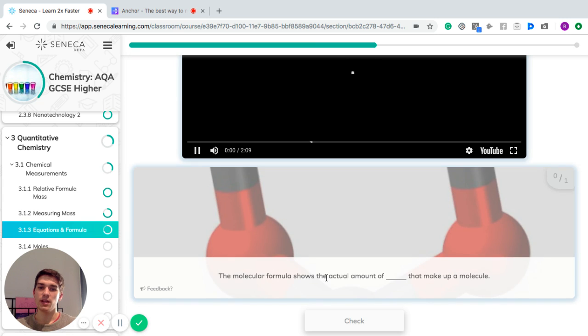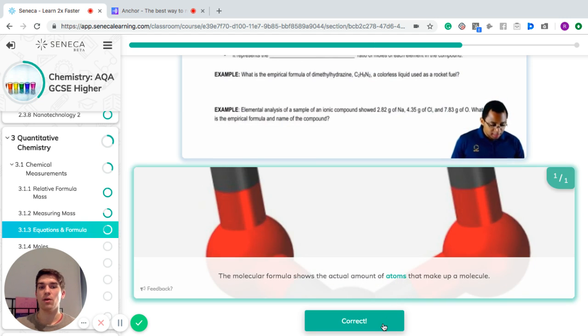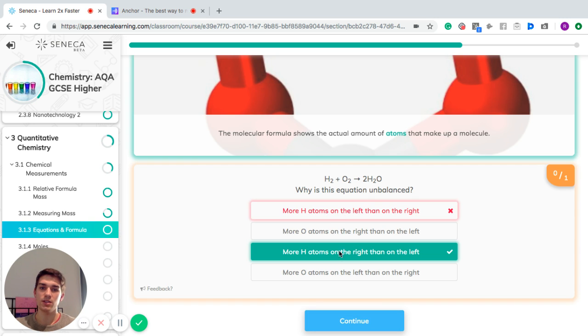So the molecular formula shows the actual amount of atoms that make up a molecule. And equations are unbalanced when they do not have the same number of atoms on both sides of the equation.